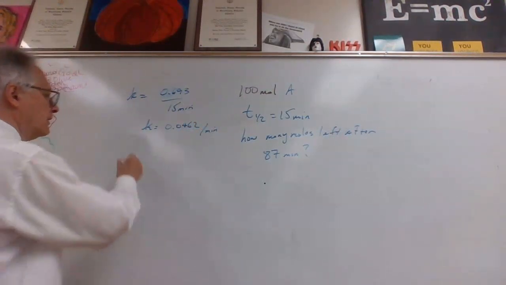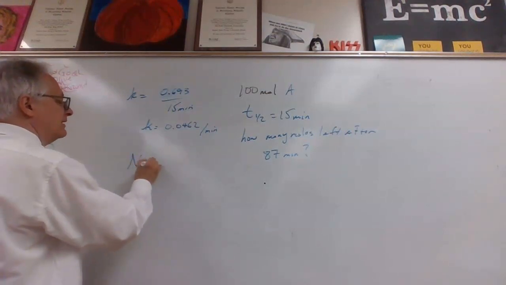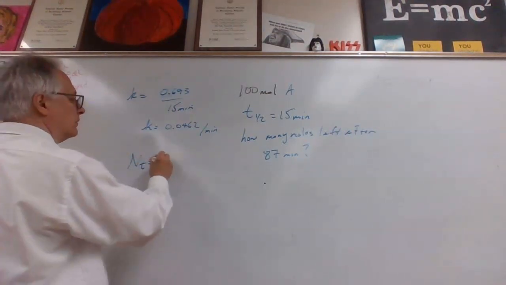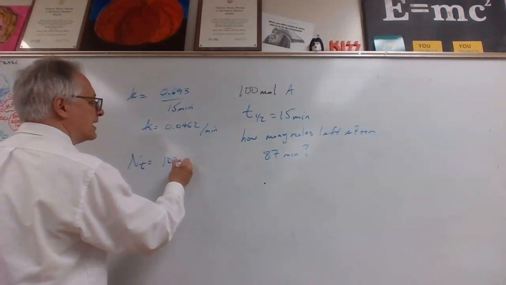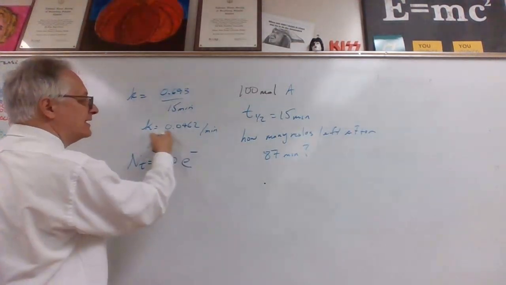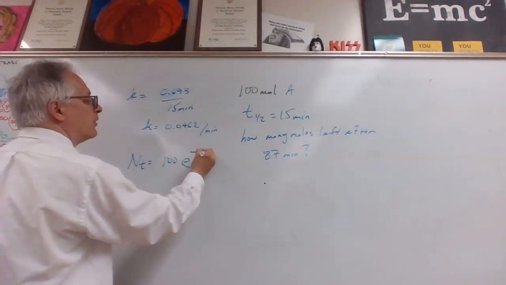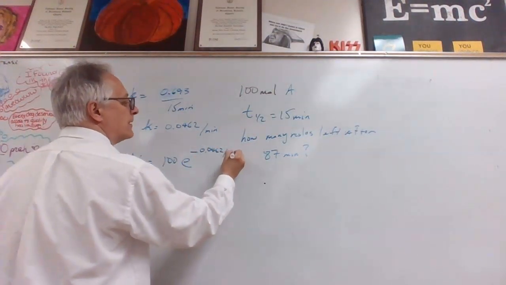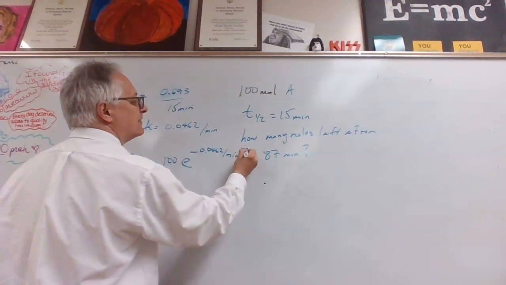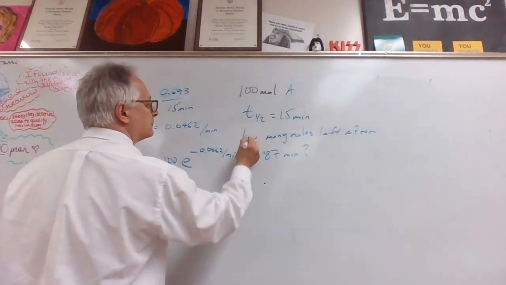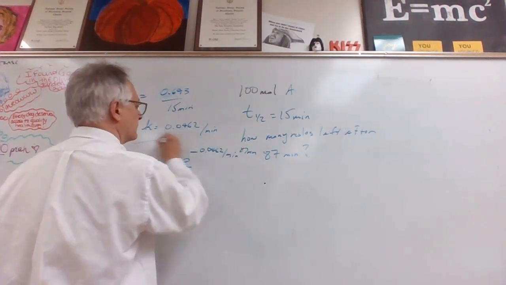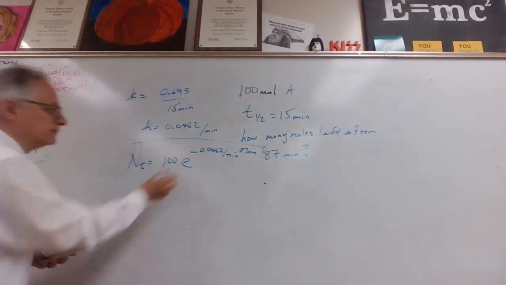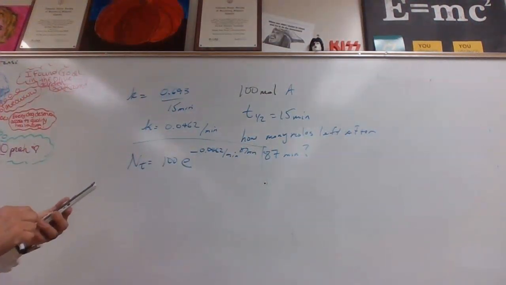Now, the amount I have at time t is equal to my initial amount, 100 moles, times e to the negative k, 0.0462 per minute, times 87 minutes. So now we're going to go ahead and do that.